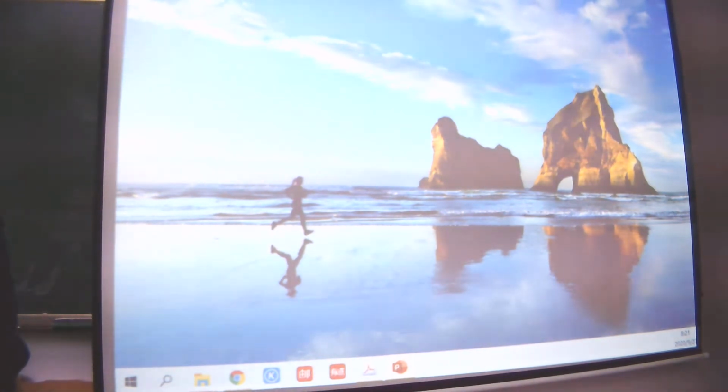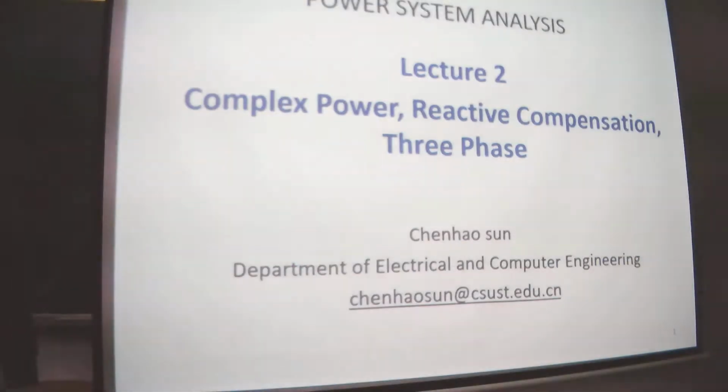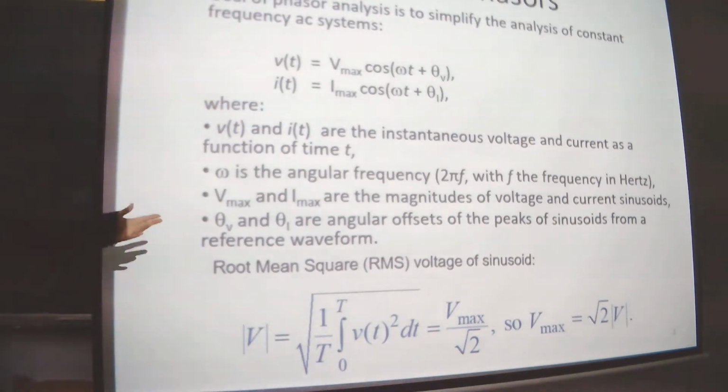Okay, so let's get started with lecture 2. We can just go back to these lectures and take a quick review, okay? Complex numbers, the complex figures, right?